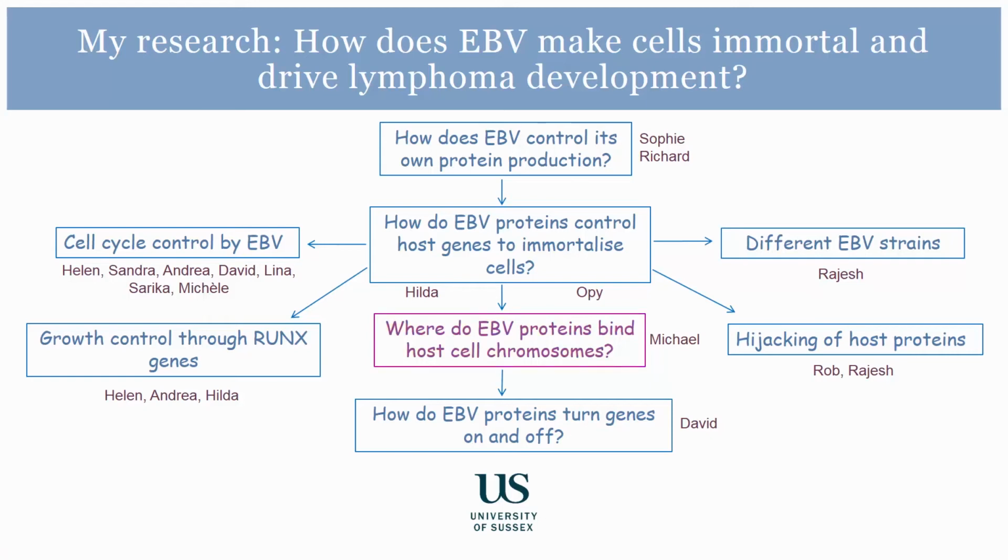But the two key projects that I'm going to focus on just a little bit more are, after asking this main question, where exactly these proteins were binding in these chromosomes. We know they change genes, we know they change which genes are on and which genes are off, but how do they do it? Where are they going in the host chromosomes to do this? And then this led on to questions of exactly what is the mechanism of that? What are they doing when they get there?